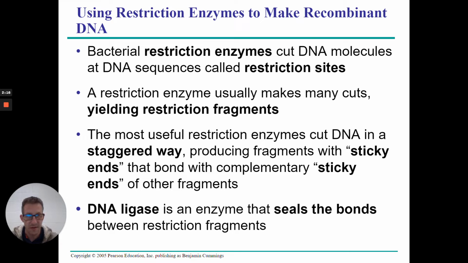These sticky ends are complementary to other sticky ends, and when they find each other, and you'll see in the next slide, they'll bond, okay? And then DNA ligase can actually seal up the little chunks of DNA as if they were never cut at all. So restriction enzymes are a DNA cutting tool, and humans have learned to manipulate this particular type of protein in an effort to learn more about our own genome.